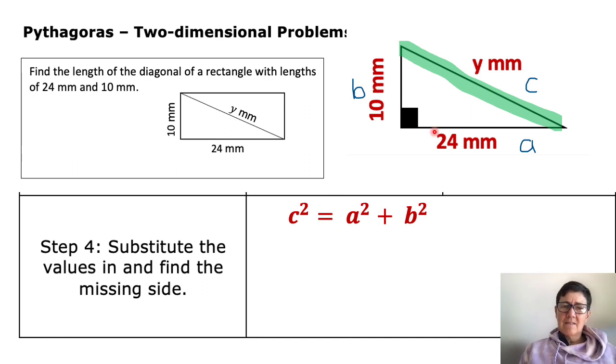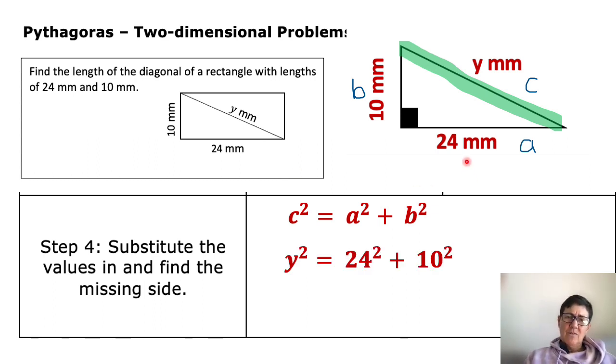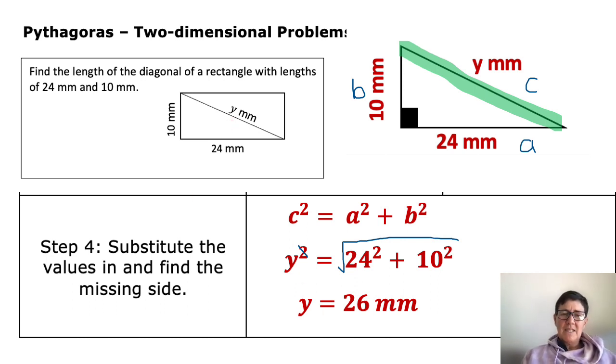I'm going to take the values for C, A and B and put them into my formula. There we go, and I've got y squared equals 24 squared plus 10 squared. Now I don't want y squared, it says y. So cross out the square root, and then put it all into your calculator. And for this one, y equals 26 millimeters. It gave us a perfect number.